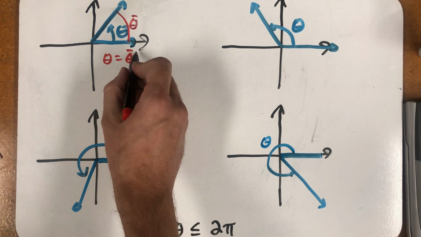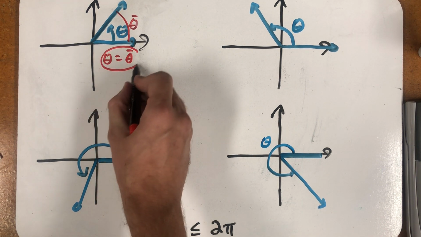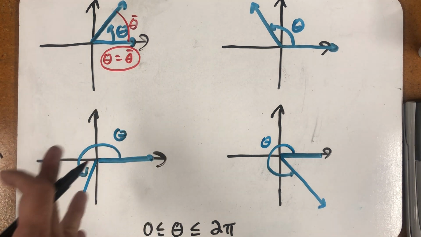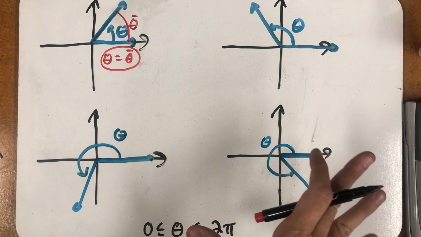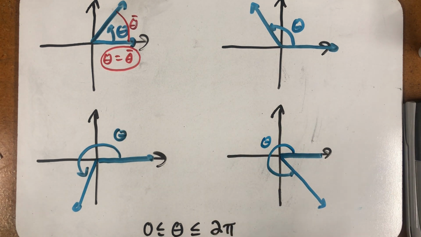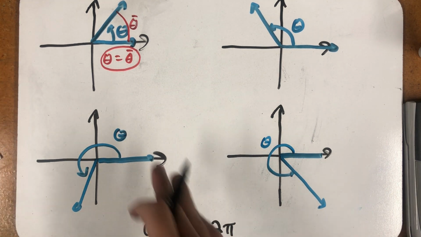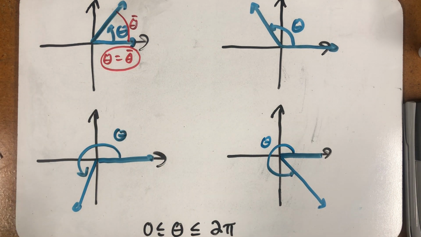Well, the way I've written this definition, that's perfectly fine. Theta bar is equal to theta. I have to admit that some textbooks say to have a reference angle, your angle can't be acute. I like every angle to have a reference angle. I prefer definitions that are as broad as possible.